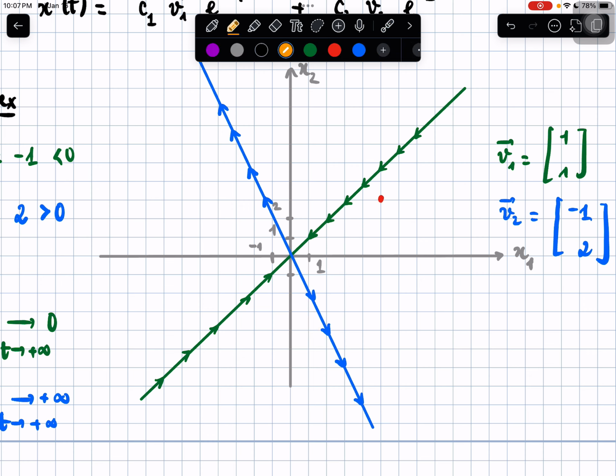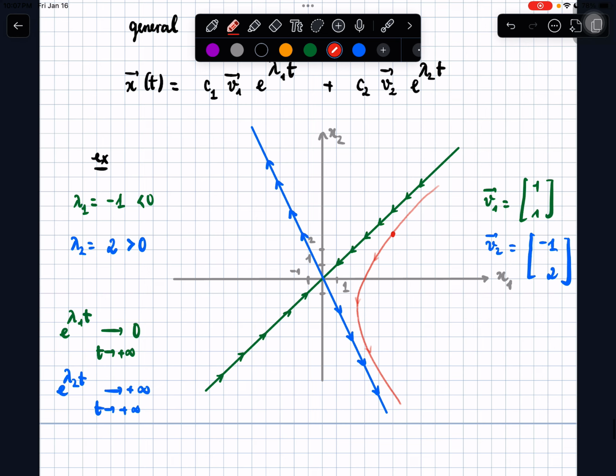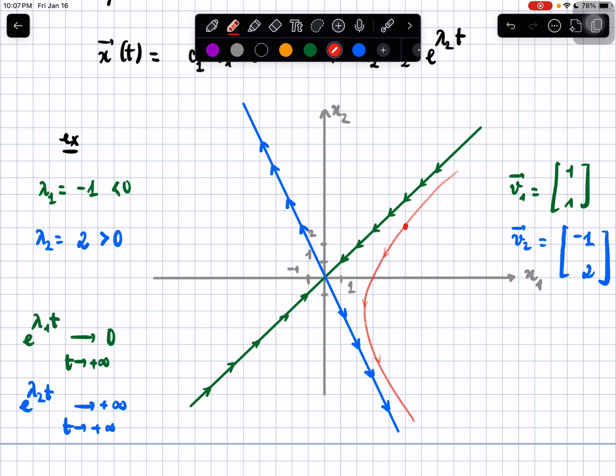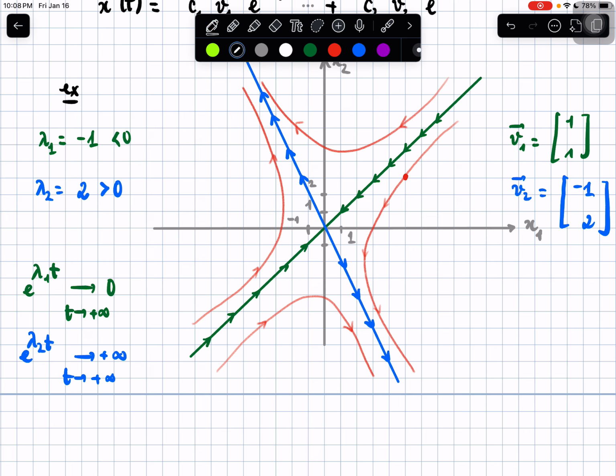So the red trajectory looks like that. This is one particular solution, similar for the other cases. Here's the first example, where we have the saddle point. The origin is a saddle point.